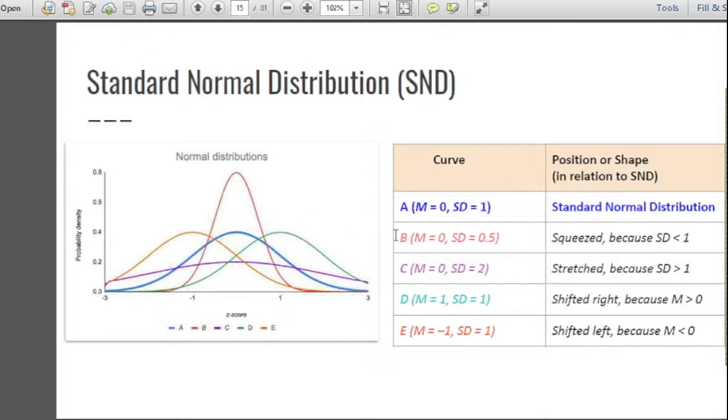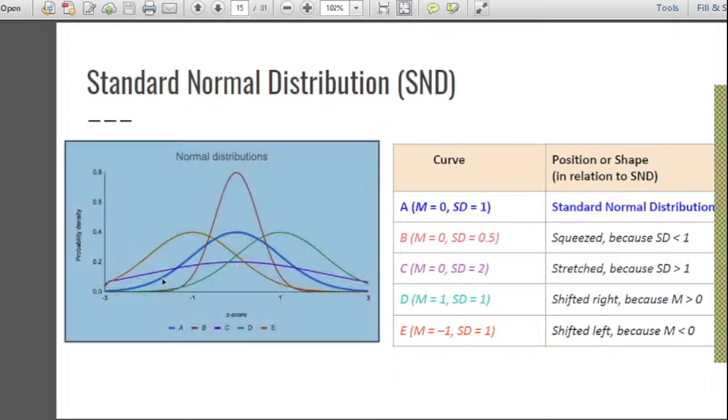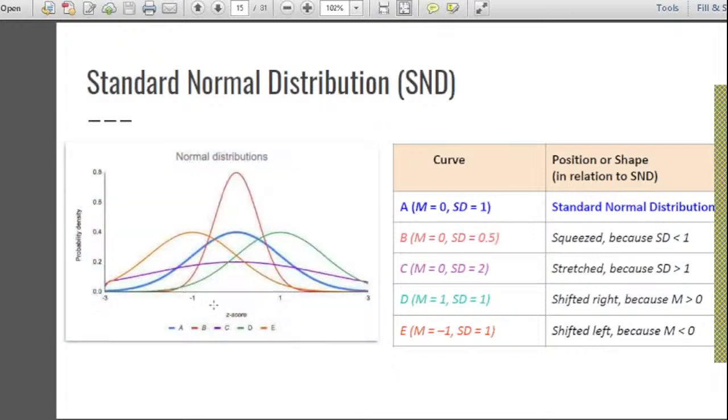How do I convert this red into blue? See, red has a mean of 0 but a standard deviation of 0.5. Can you tell me why it has a standard deviation of 0.5? Because if you see the extreme values in red, they are much lesser than the extreme values of blue.